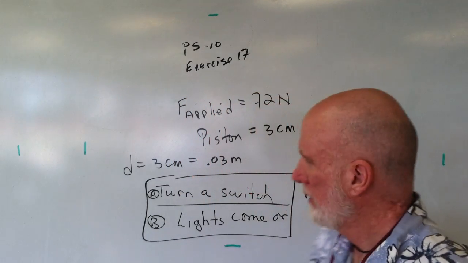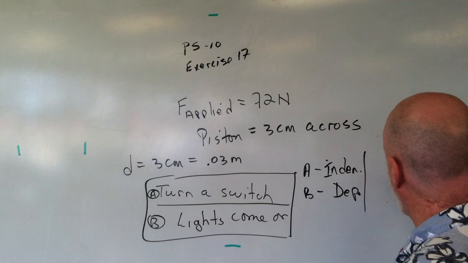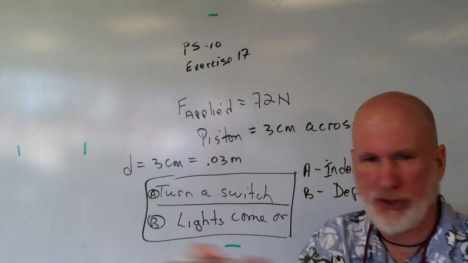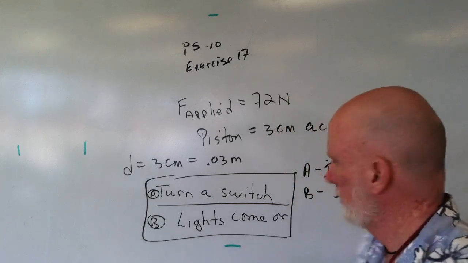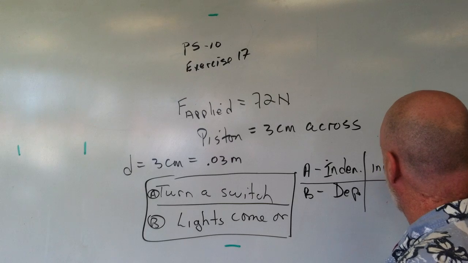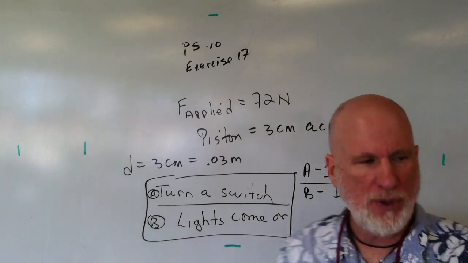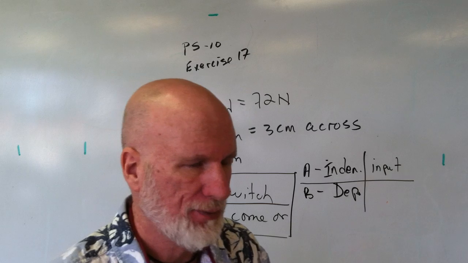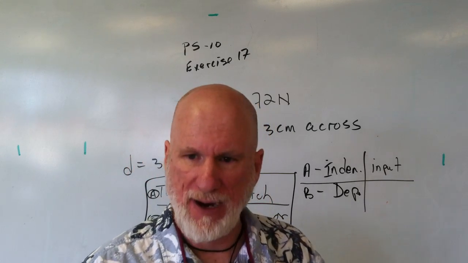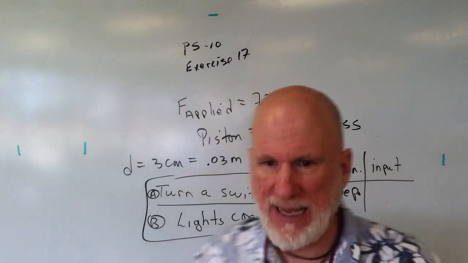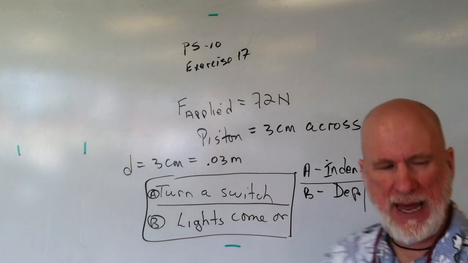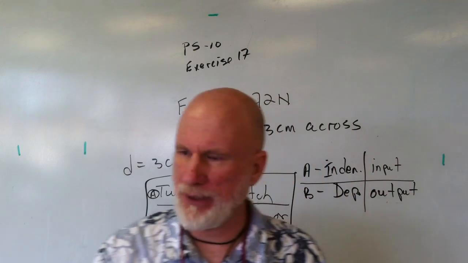Now, what's another word for independent relative to the work we're doing here? Wouldn't the independent be the input? Correct? And what's the dependent variable therefore? It's the output. You see that? Input, output.